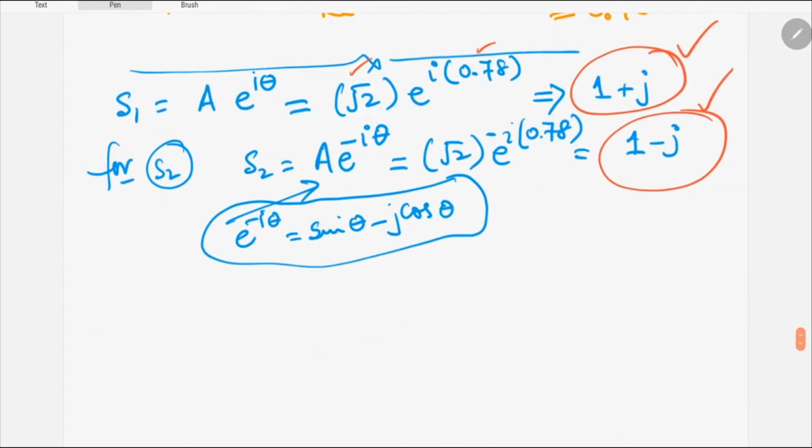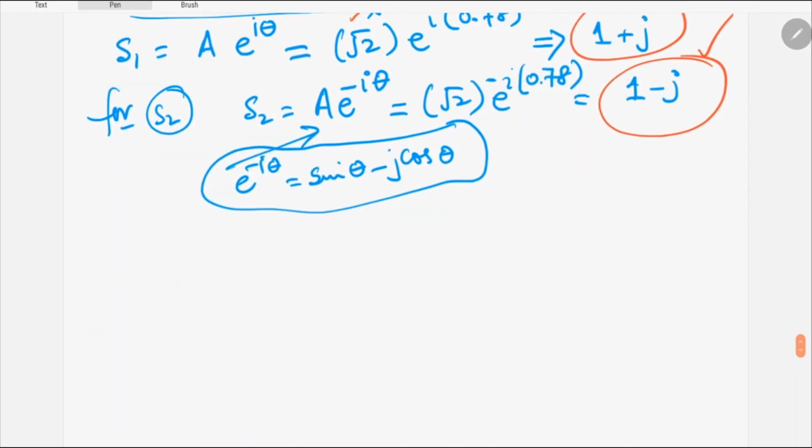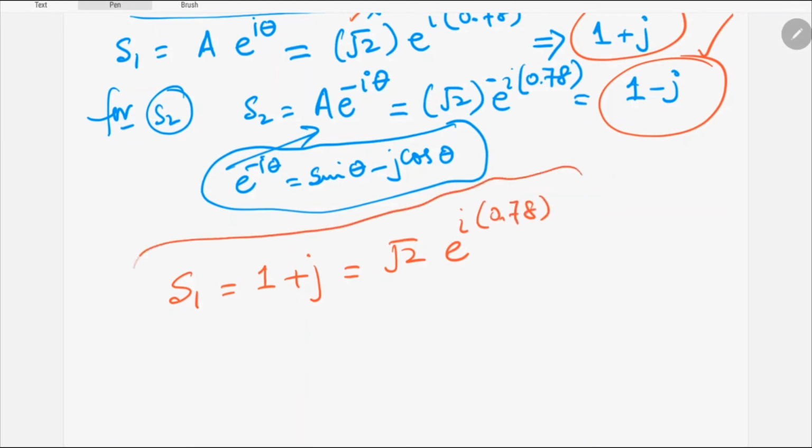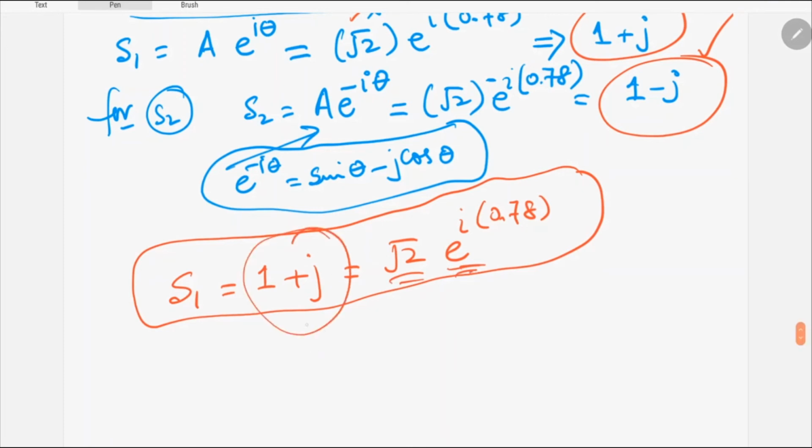So now we know S1, which was equal to 1 plus j, is actually equal to root 2 e raised to the power i 0.78. Although this looks quite different with the e and all the things in it, it's actually equal to this part.